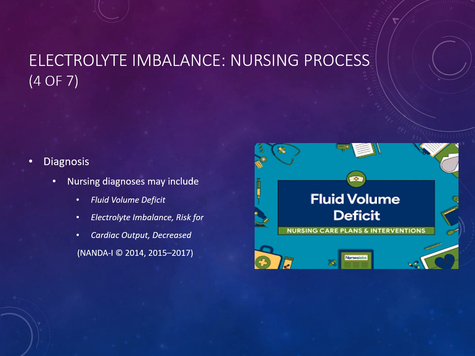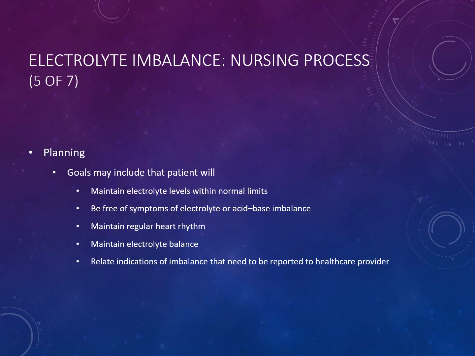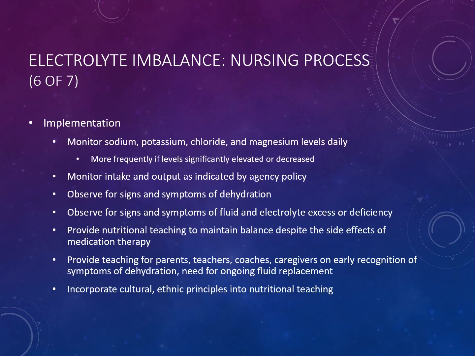There's your diagnoses: fluid volume deficit, risk for electrolyte imbalance, decreased cardiac output, ineffective tissue perfusion. Goals: we want everything back within normal limits. Implementation: I've already said all of these. So if you read back over these, you will have it, because I've already said all these. I don't want to repeat.